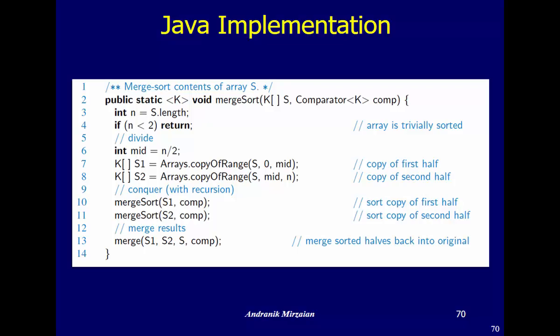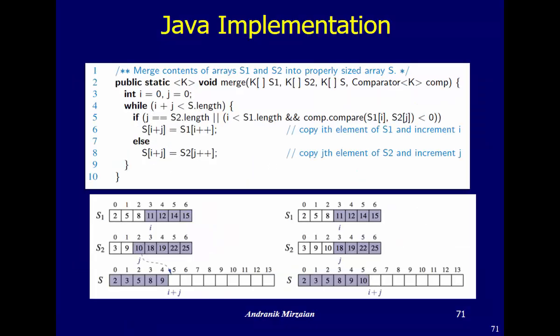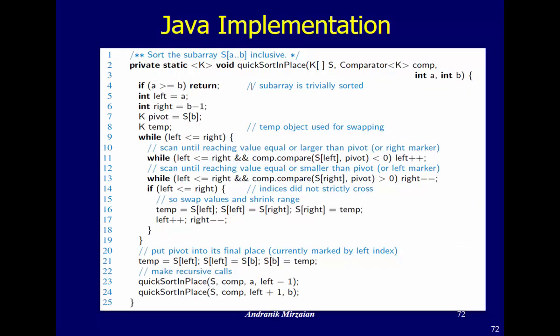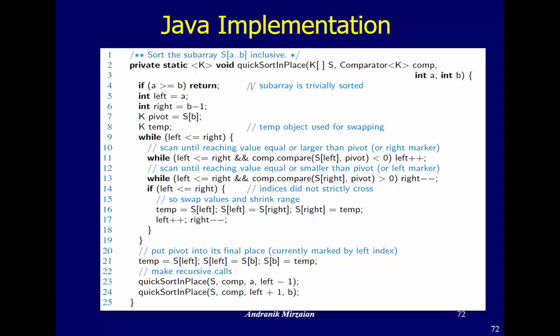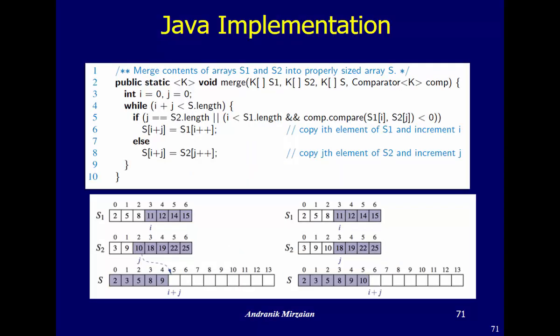Oh, I stole these from Andy. That's code. And that's more code. And that's more code. We're good? You can see how I don't like doing it. Oh, this one's merge.